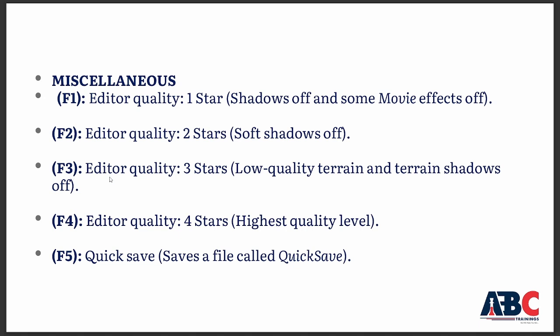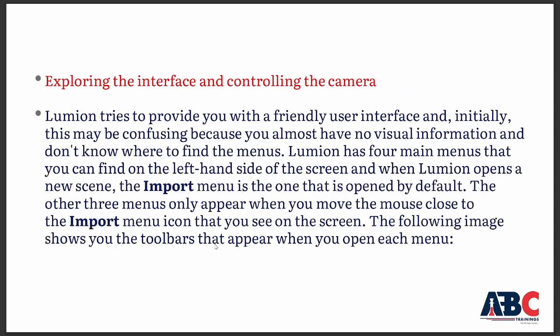F3 key for editor quality, three star, low quality terrain and terrain shadow off. Next, F4 key for editor quality, four star, high quality level. Then press F5 key for quick save.